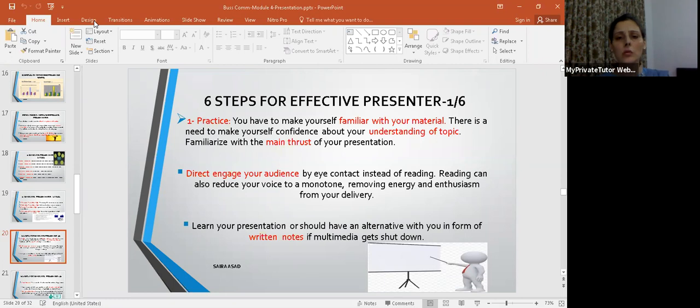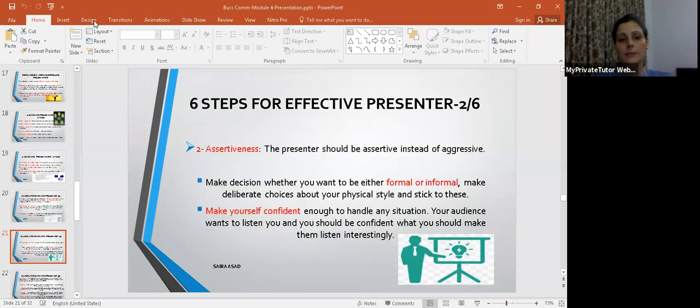So you should not stop immediately or forget your purpose of coming. Your point is to convey your ideas. The material in your hand should be there, as well as the presentation. If something happens, you should not stop. Confidently convey your idea and keep going through all your things.